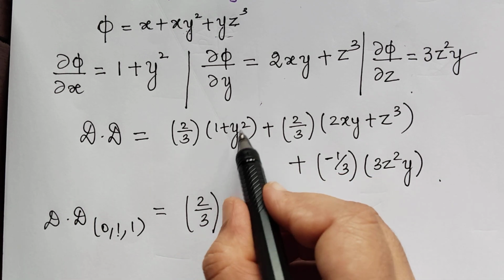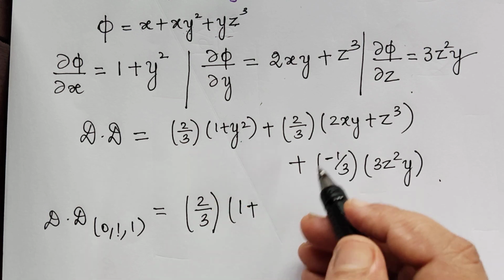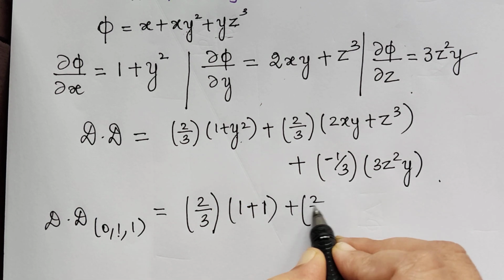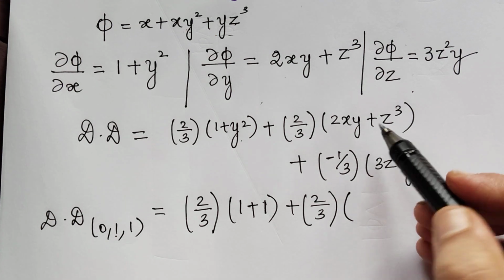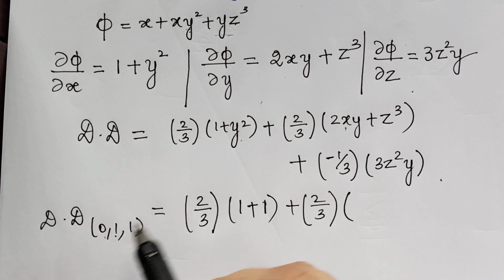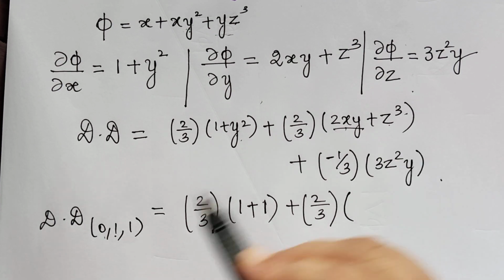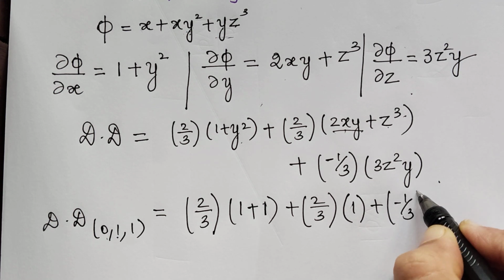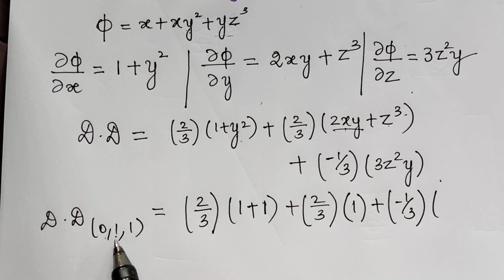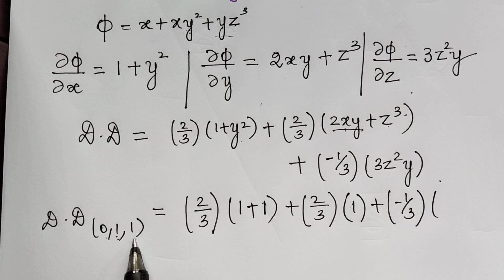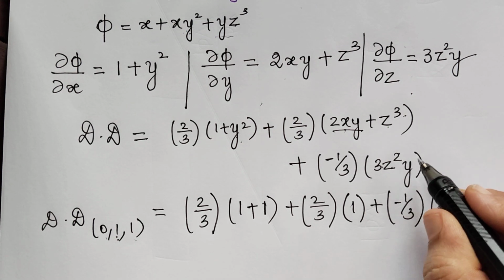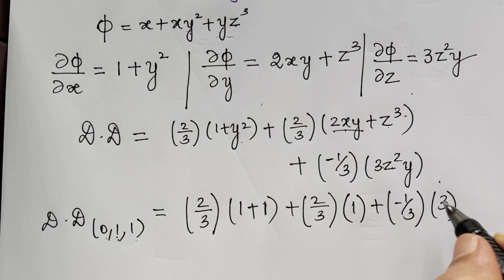It is 1, so 1 square is 1, and 1 plus 1 will be 2. Then 2 by 3 multiplied with, the value of x is 0, so this full term becomes 0, and z cube is 1 cube, which is 1, plus negative 1 by 3 multiplied with, here the value of y is 1 and z is also 1, so it will be 3 alone here, because 1 square multiplied with 1, we are left with this 3 alone.